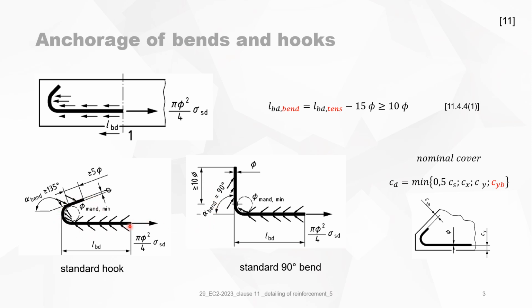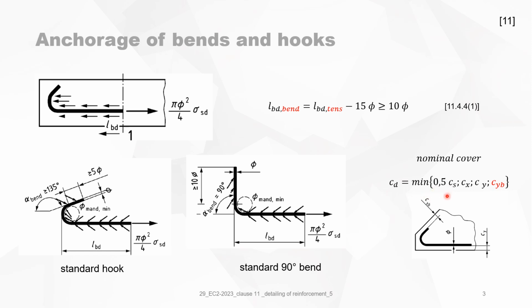When you have a hook or a bend, then the concrete cover on the side, like it's indicated here, is called CYB. CD, which is the nominal concrete cover, is used in formula 11.3 to calculate LBD or LBD tension. It's given in a formula, but now the formula changes again for the third or fourth time.